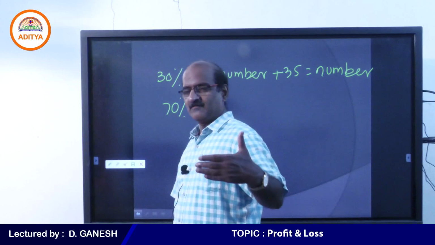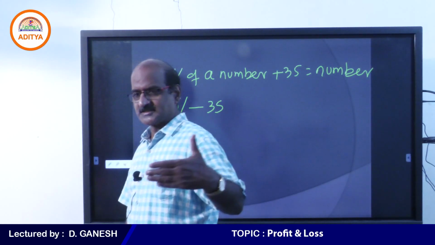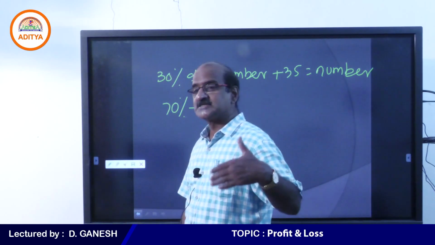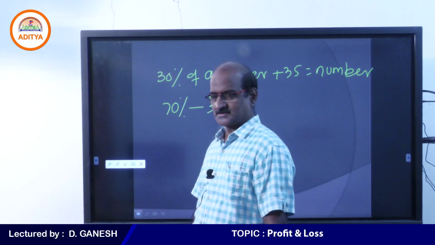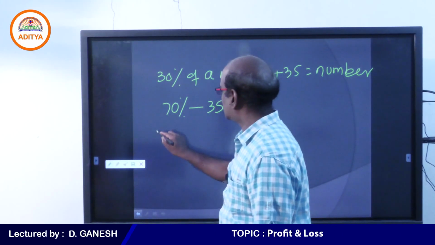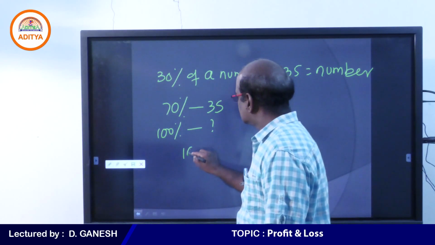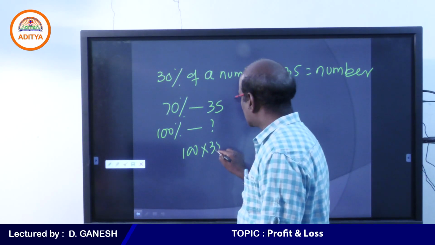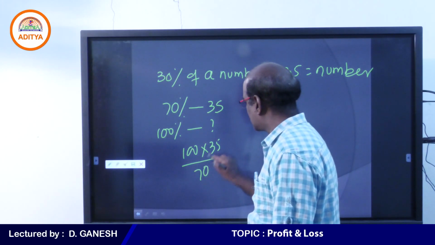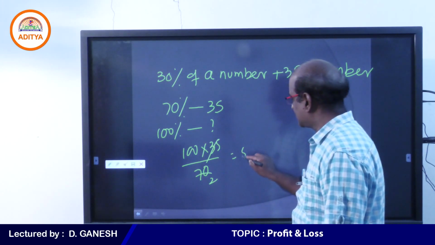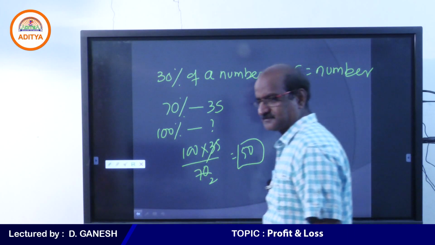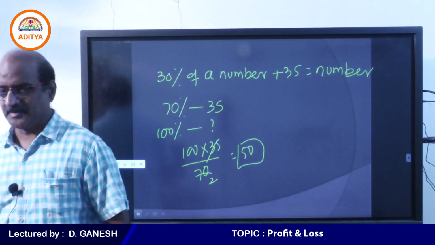So whatever number you took, that is 35, is nothing but 70% of the balance. So when 70% is 35, you need to check what is the number. Therefore 100 into 35 by 70, and obviously the number is 50.